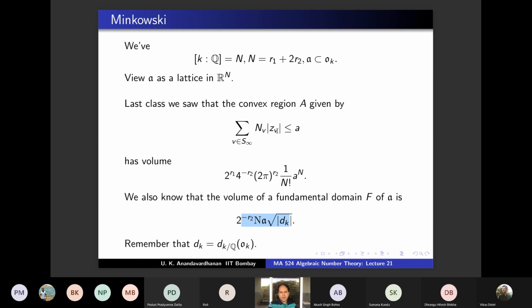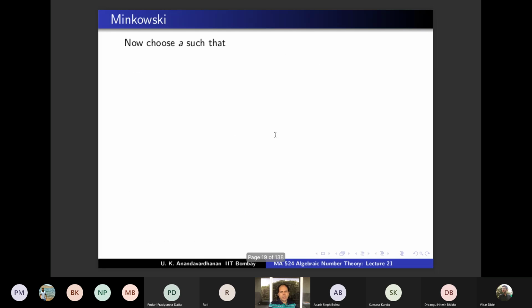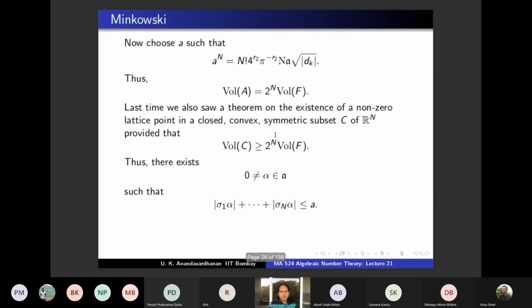So for this alpha, alpha belongs to this. So various alpha V's, alpha subscript V, which is same as saying sigma alpha, as sigma is in the Galois element, and NV is 1 or 2 depending on real or complex, and all that put together, you can say that the modulus of sigma 1 alpha plus etc. sigma n alpha is less than or equal to A. Right?